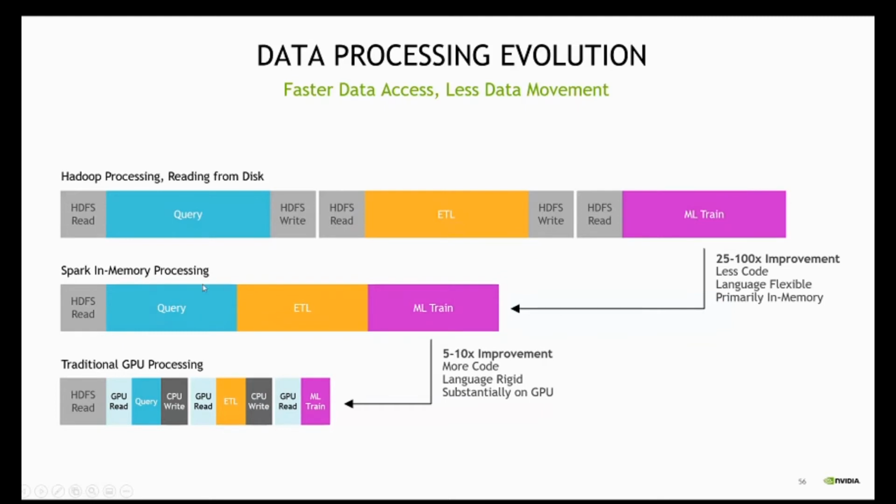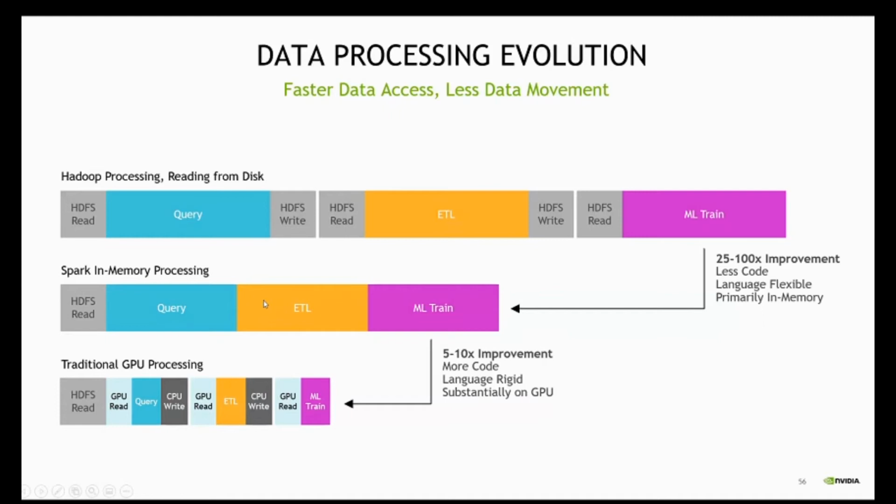You do the querying, ETL, and ML training, all three steps together, rather than writing the data back, reading it back, and then performing ETL, and so on. So all these three operations could now be done together in one go, by having all the data in memory. And it gave us about 25 to 100x improvement in performance, with less code, more language flexibility, and primarily in-memory computation.